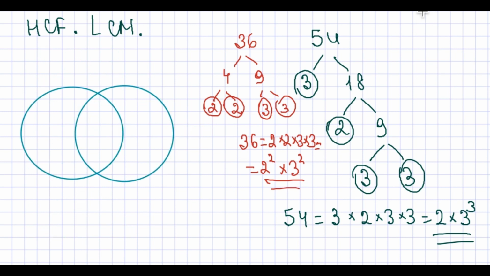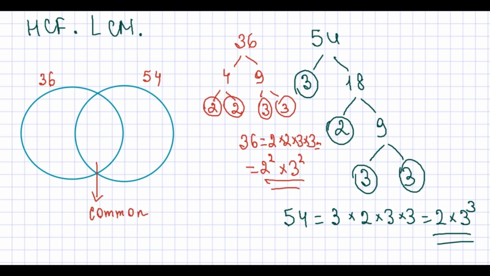Now we have two circles. They are called Venn diagrams. The first circle for 36 and the second circle for 54. Now I'm going to write the prime factors of 36 and of 54 in their circles. Of course, you know that the part in the middle, the overlap, is for the common part.